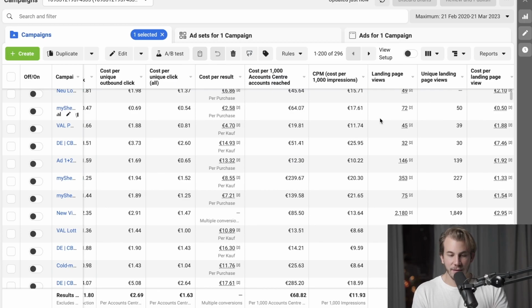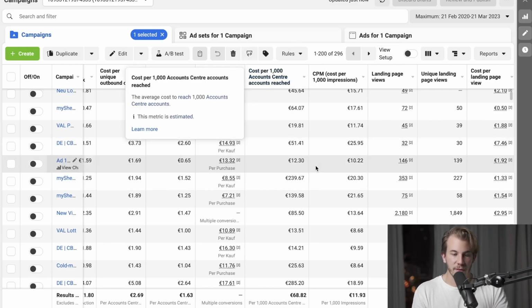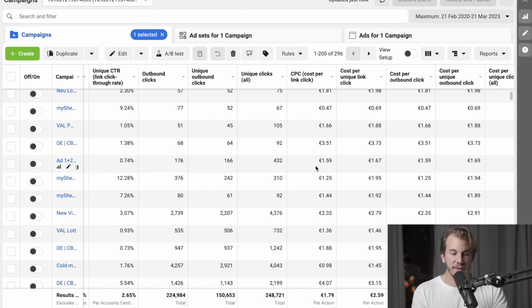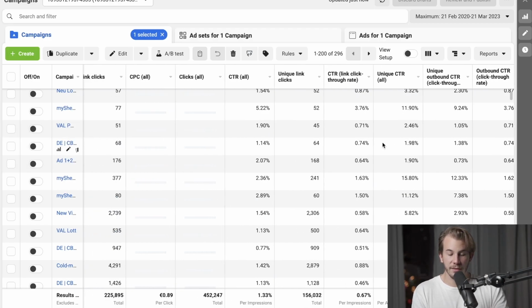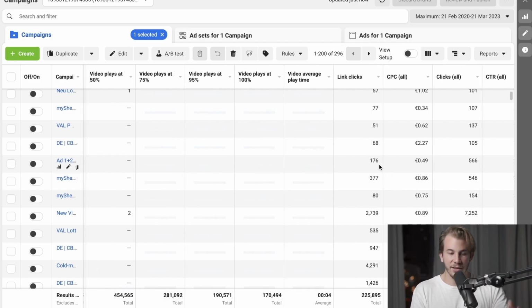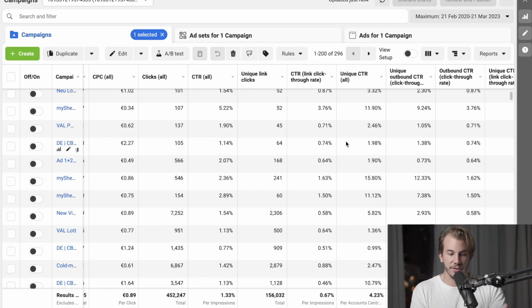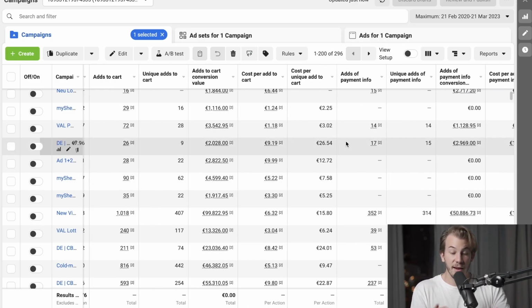Now I can show you why they are ordered in this way. For people seeing this for the first time, it's a bit overwhelming. So many KPIs, so many numbers, where do I even start?